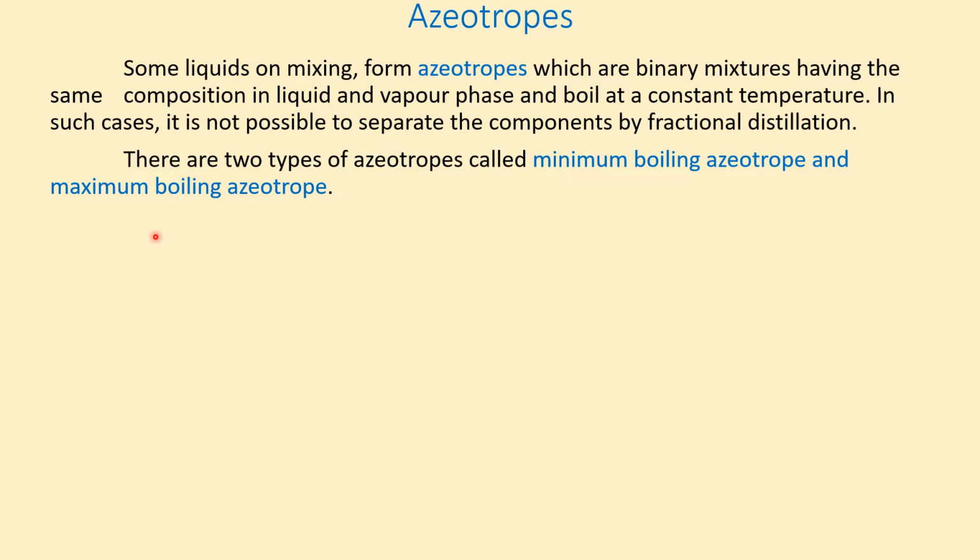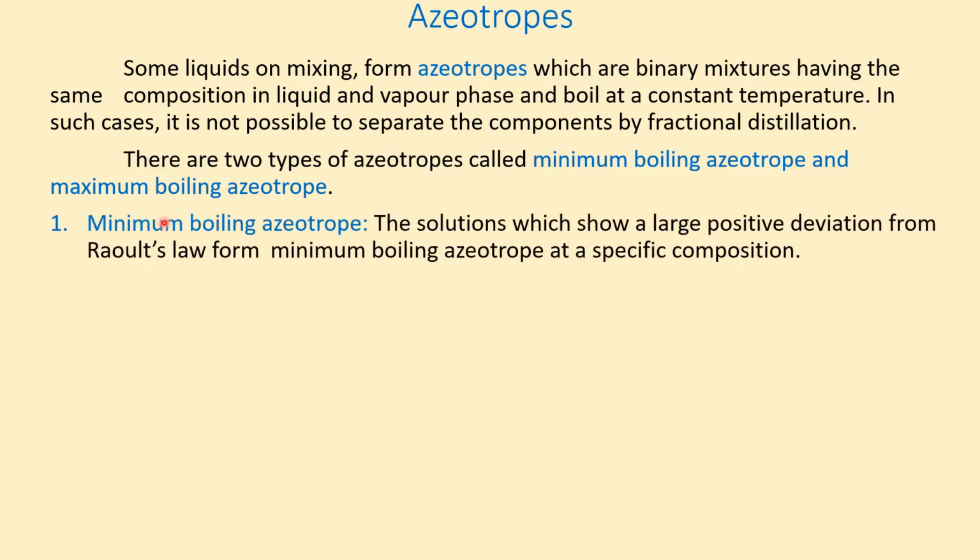There are two types of azeotropes called minimum boiling azeotropes and maximum boiling azeotropes. Minimum boiling azeotropes: the solutions which show a large positive deviation from Raoult's law form minimum boiling azeotropes at a specific composition. So minimum boiling is the one which shows large positive deviation. Please underline this.